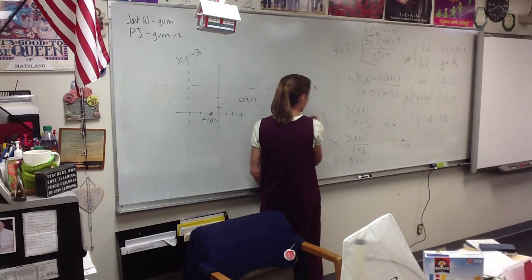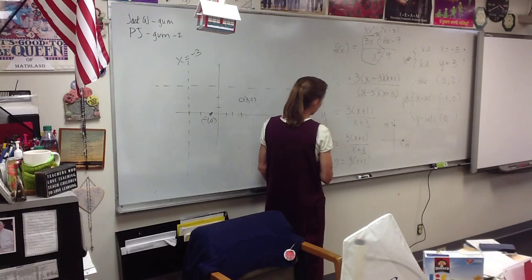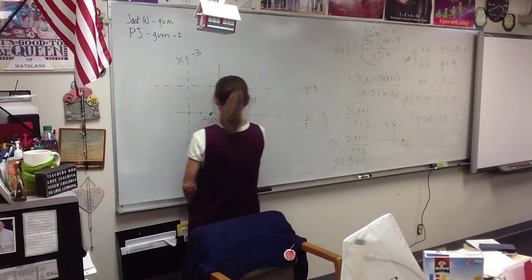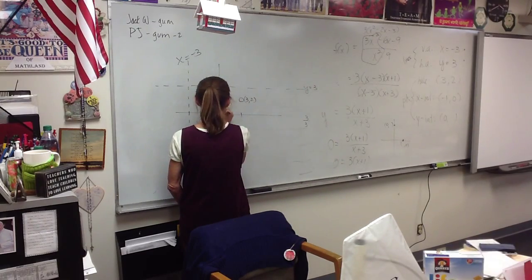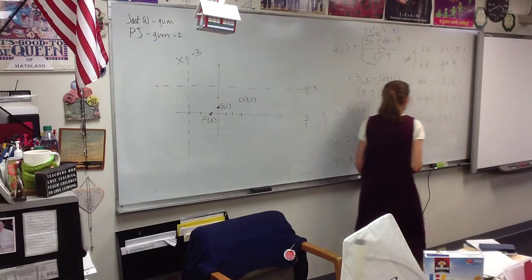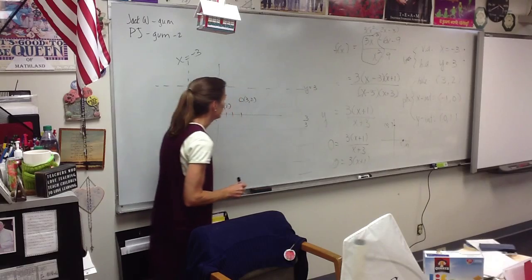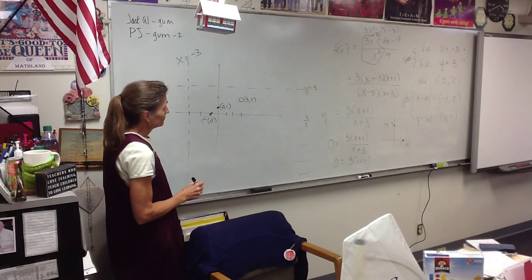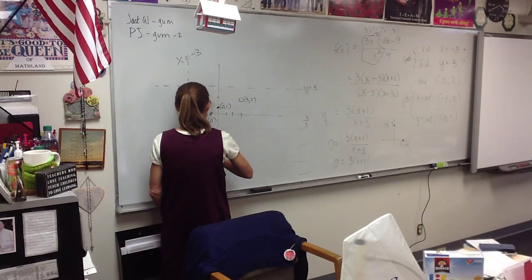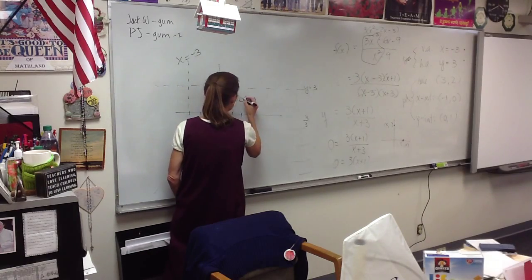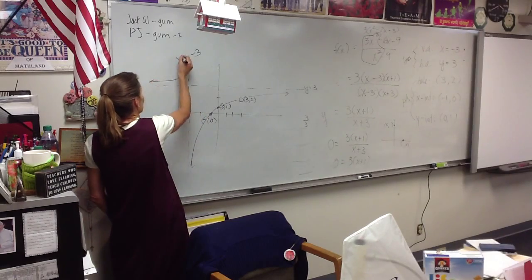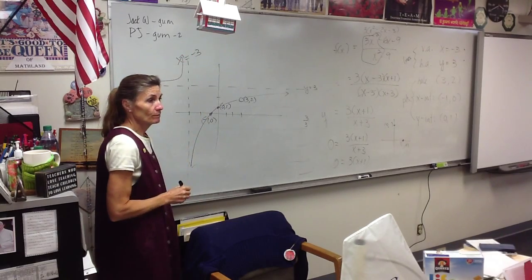So x being 0 would give me 1. Now, that's all you are responsible for at this point, but actually you could sketch it, just connect the dots, and there is your picture.